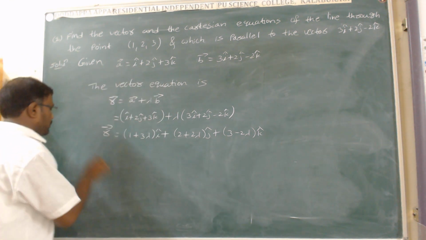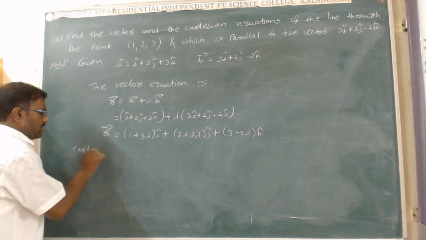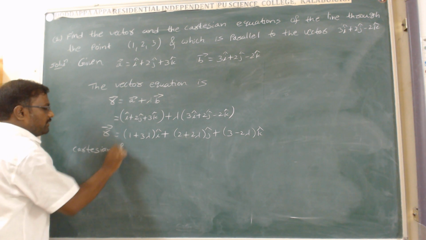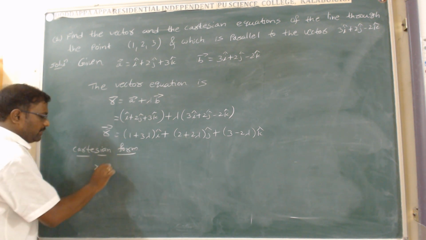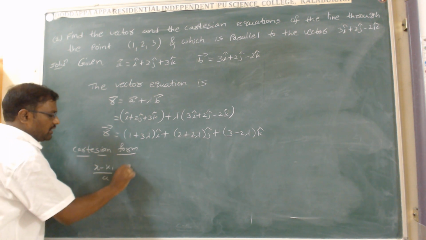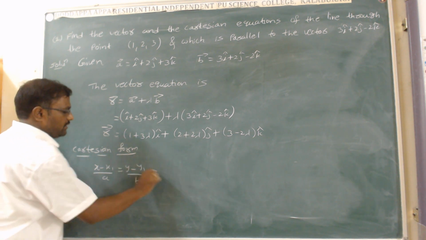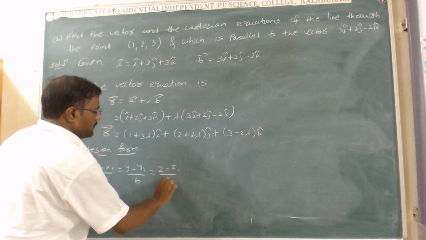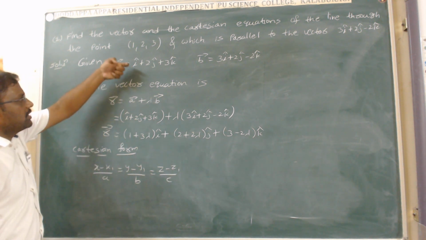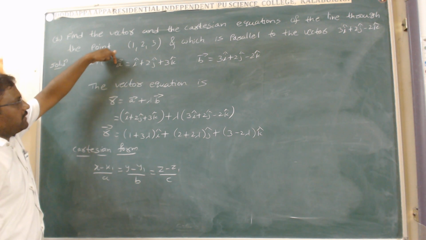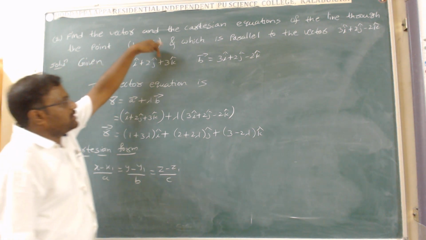So similarly, you have to find out the Cartesian form. (x minus x1) by a, (y minus y1) by b, (z minus z1) by c. Okay, here what about x1 value? So we know that vector a means x1 i plus y1 j plus z1 k.